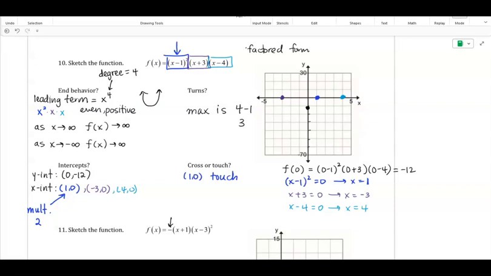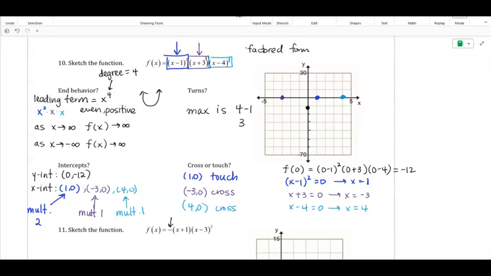The x-intercept of (-3, 0) came from the factor of (x + 3) that has an exponent of 1 on it. So here we have multiplicity 1, which is odd. So at the point (-3, 0), it's going to cross through the x-axis. Odd multiplicities will cross. The zero of 4 had a multiplicity of 1. You can see this has an exponent of 1 on it, which is odd. So at the point (4, 0), the graph is going to cross the x-axis.